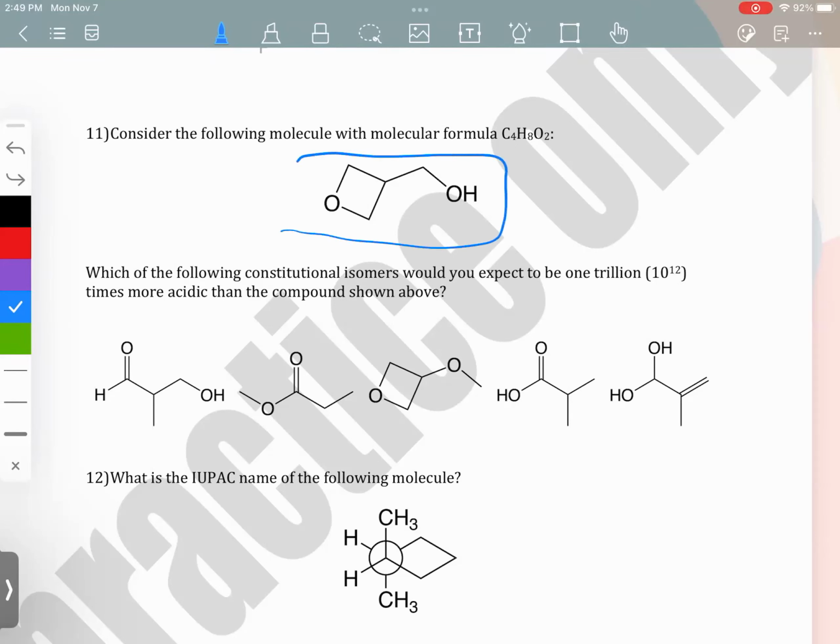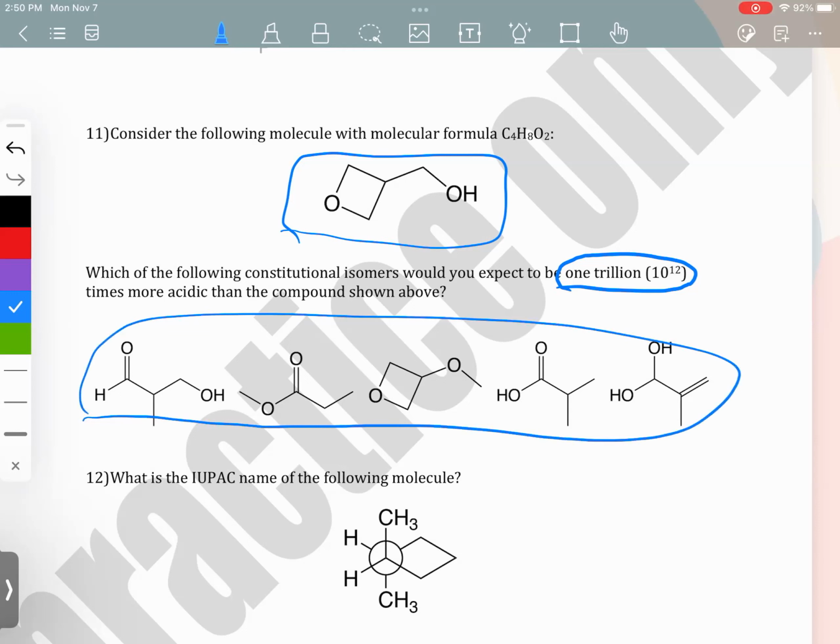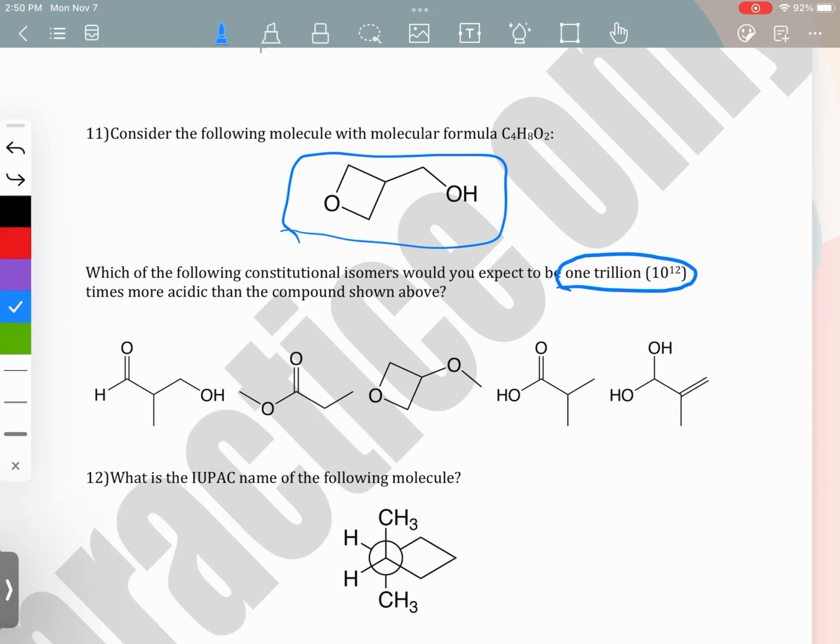Which of the following constitutional isomers would you expect to be 1 trillion times more acidic than the compound shown above? So you can ignore the 1 trillion part. What the question is essentially asking you is, which of the following compounds down here is more acidic than the one on top? That's all this question is asking.